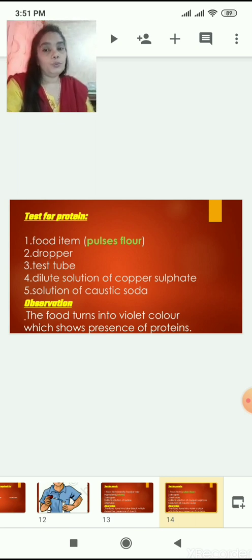Now you will add it in the test tube where you have the gram flour. You have mixed the gram flour in the water, it's already ready. Just add these solutions in the test tube and again shake well.